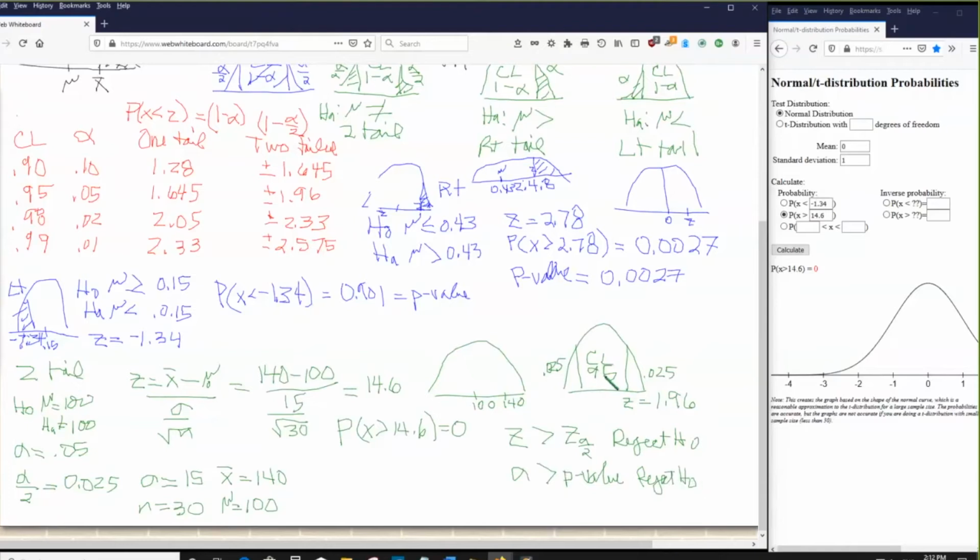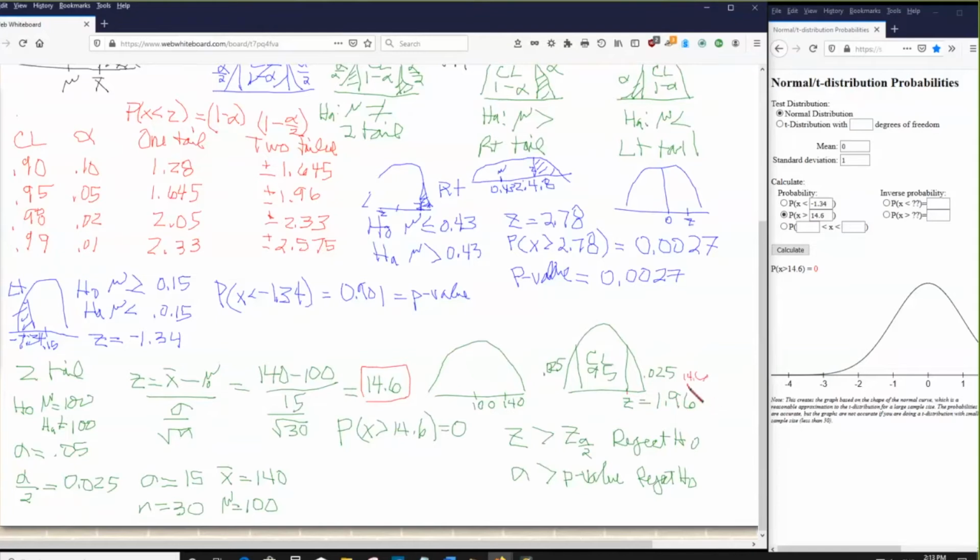So for this one, what this is telling us is we got a z-score of 14.6 and the z-score on the standard normal distribution was just 1.96, which means that 14.6 is probably way out here.